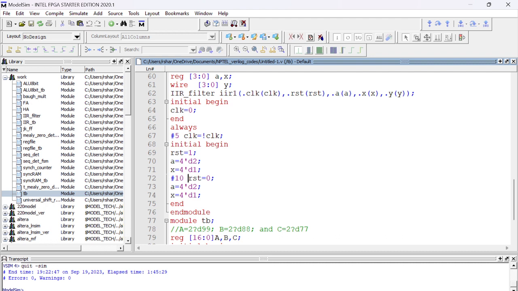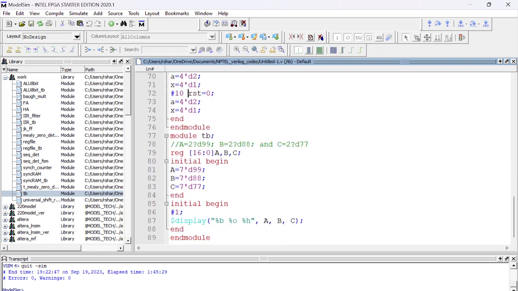What is the main difference, madam, between display and monitor? The $display will be used inside the initial begin block, inside the initial, begin and end. It is usually used to display some message, like this is the term we are displaying, and once it is executed, it is displayed.